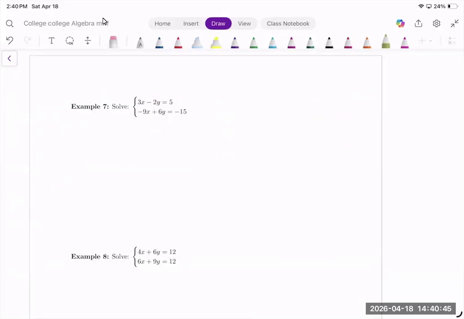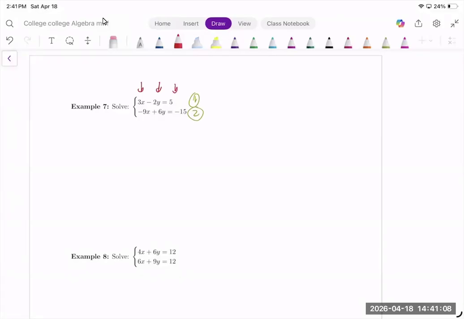Okay, I know you paused and you tried it and you're back. So again, clarity 1 and 2. I'm looking to make sure I have my x, y, and number column. Looks good to me. So here I see, okay, I have 3x minus 2y equaling 5, and then 9x, 6y, and 15.